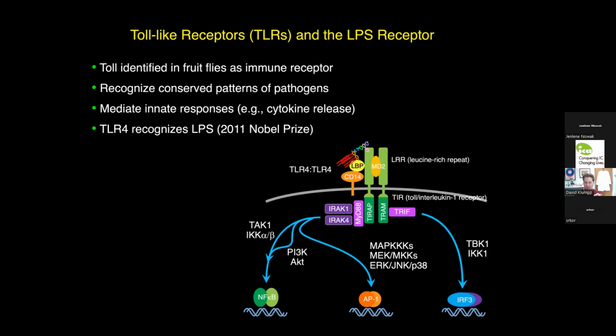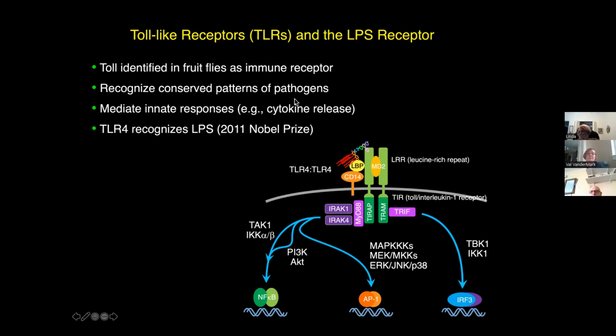These toll-like receptors, or TLRs, mediate innate immune responses, not the immune responses generated as a result of vaccination, adaptive immunity, but innate hardwired responses that are usually associated with rapid inflammation.